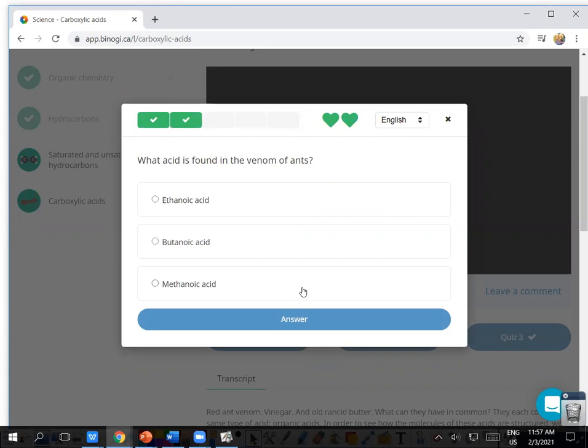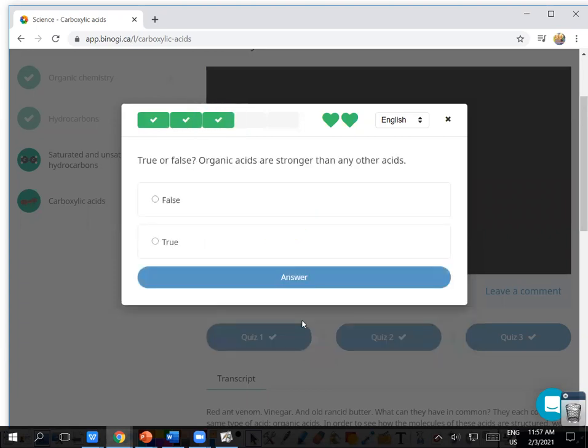Remember, there is the formic acid, another name of the venom of ants, or we call it methanoic acid, acid of ants. Organic acids are stronger than any other acids. Remember that organic acids are weak acids, and this is false.